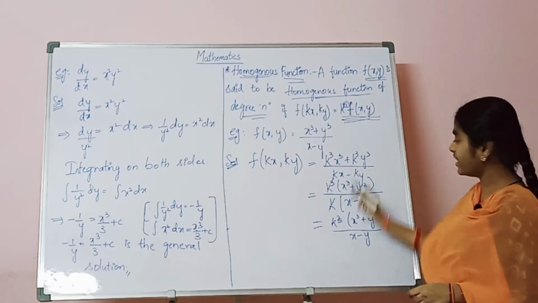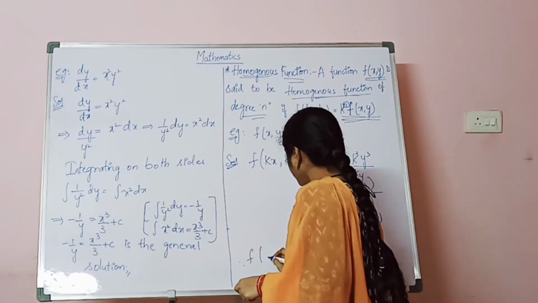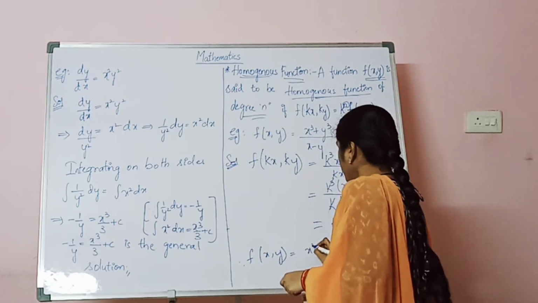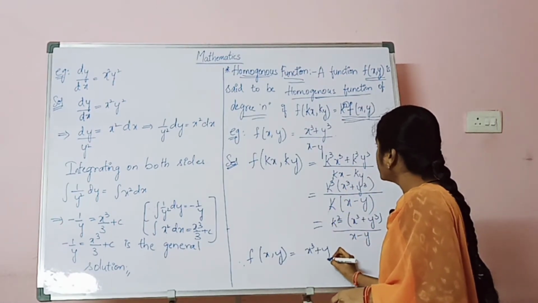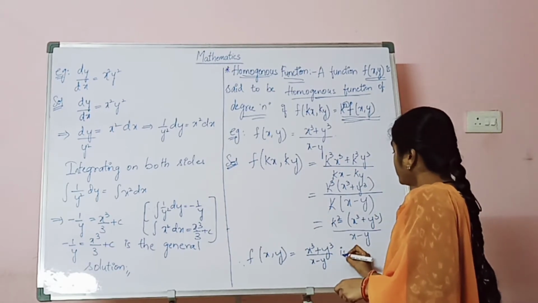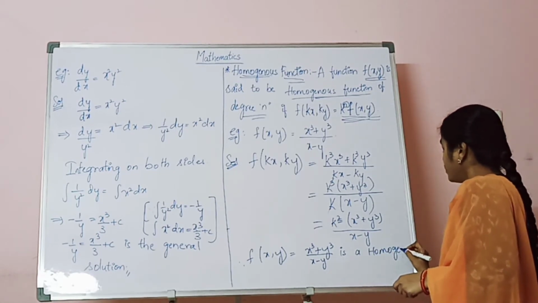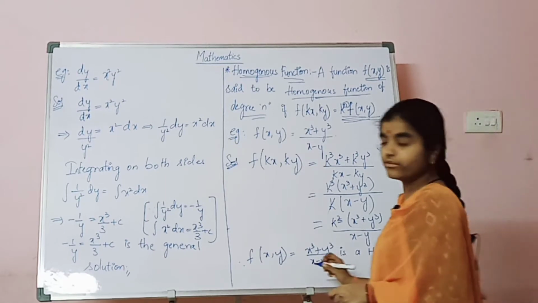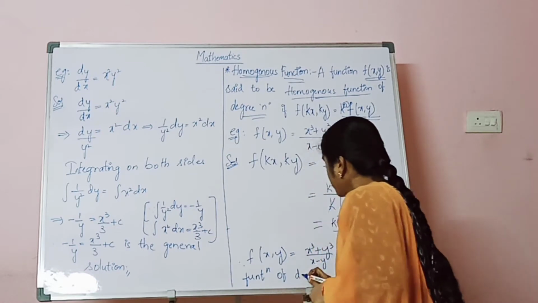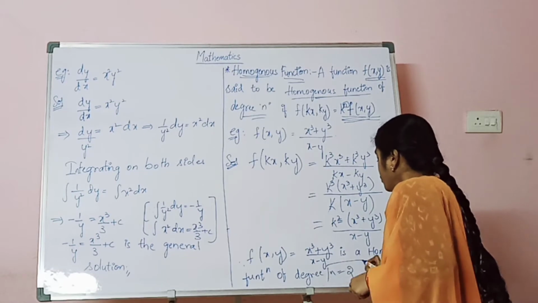What is the degree n we are getting? 2. Therefore, f of x, y equals x cube plus y cube by x minus y is a homogeneous function of degree n equals 2.